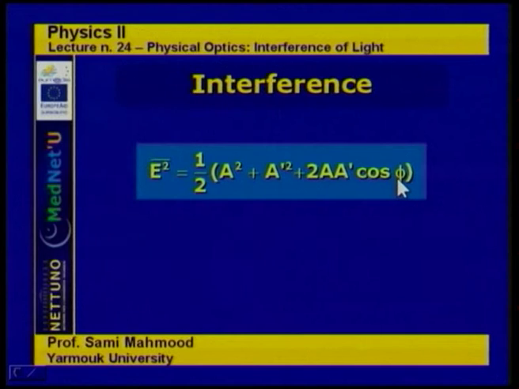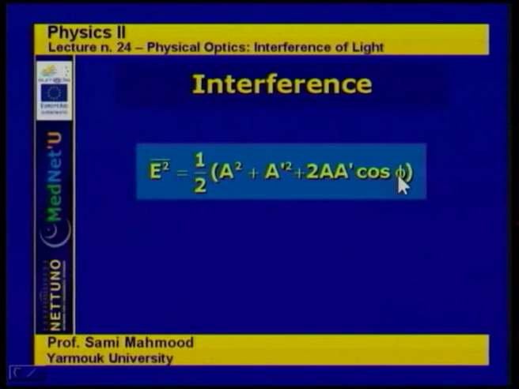So for example, if phi is equal to 0 or 2 pi or 4 pi, 2 pi times a number, then cosine phi is equal to 1, and we will have A square plus A prime square plus 2A A prime, which is A plus A prime all squared, the maximum value that's attainable.